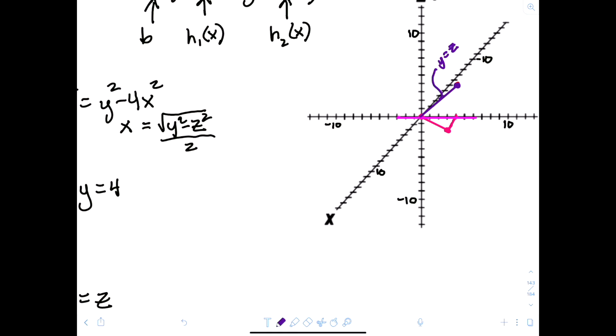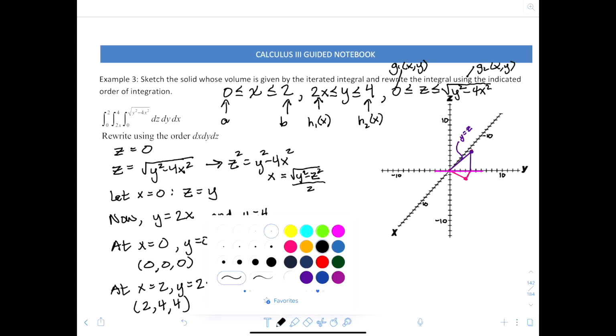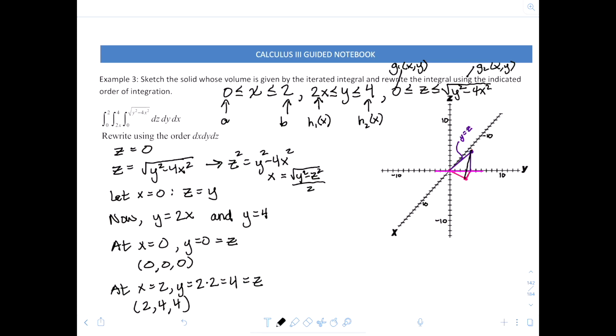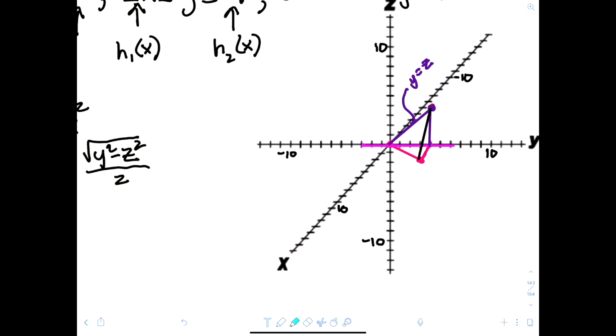And then we have our other information, right? Because we know that y is 4, so z has a value of 4 as well. And so that's going to close us off here. And so the picture of it will look like this. So that'll be our solid of interest. Cool, cool.